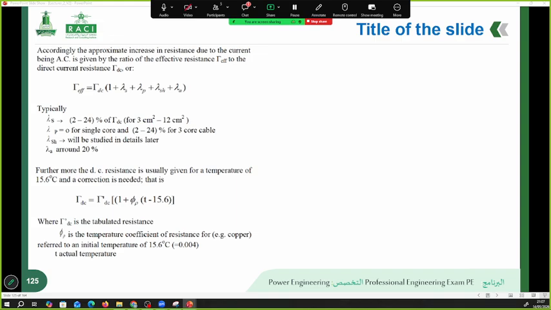And this slide explains how AC increases the effective resistance of a conductor compared to DC.